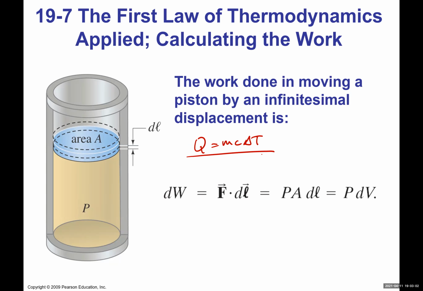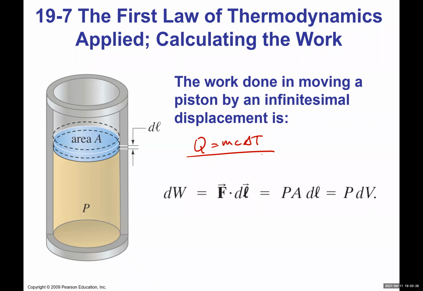And Q equals mc times delta T for a solid and a liquid. So if you have a solid or a liquid or even a gas, this equation technically can be applied. Okay, we're going to see that when we talk about real gases, this equation can change a little bit depending on what you have. But for now, here's the equation for the Q.